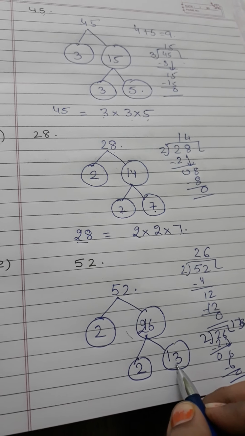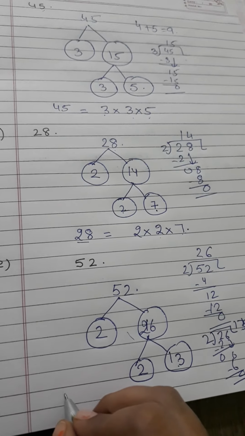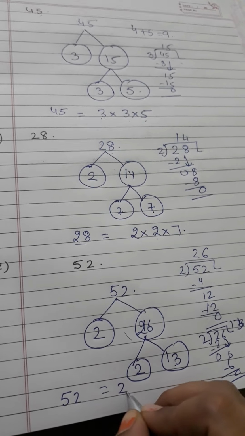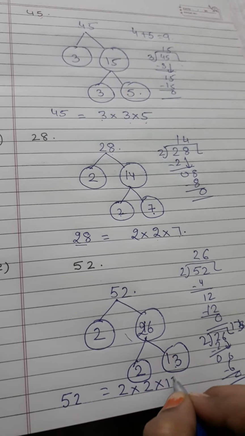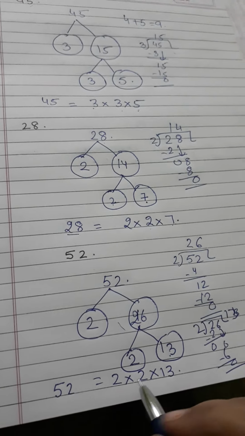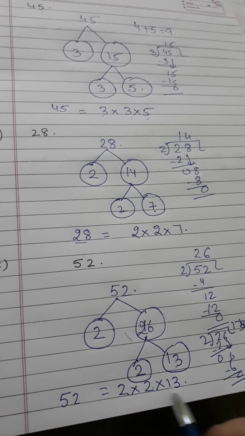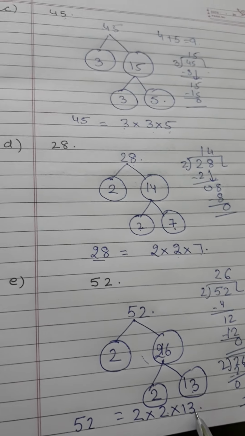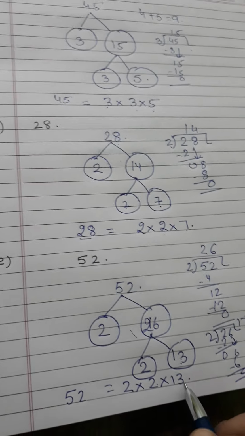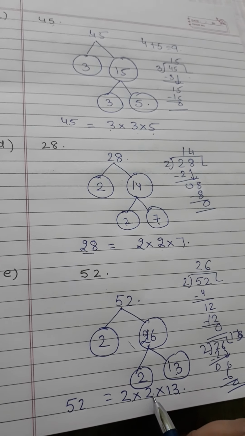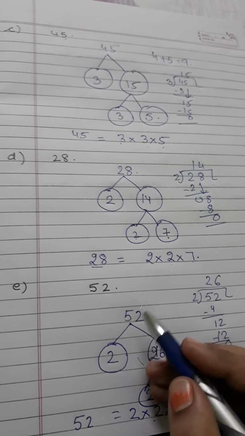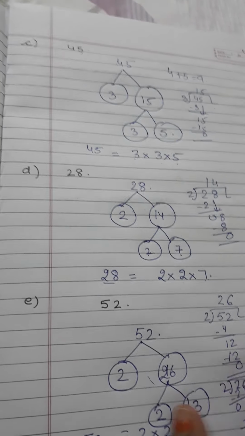So we will stop it here only. So 52 is 2 multiplied by 2 multiplied by 13. And by multiplying all the numbers we can check whether we have done it right or wrong. 2 twos are 4 and 13 fours are 52.